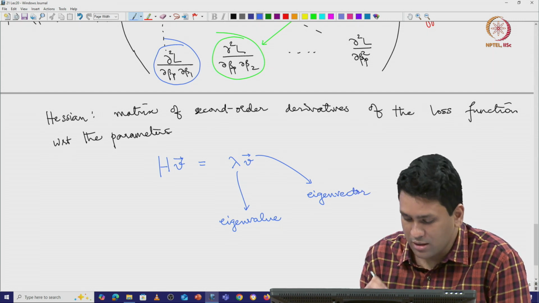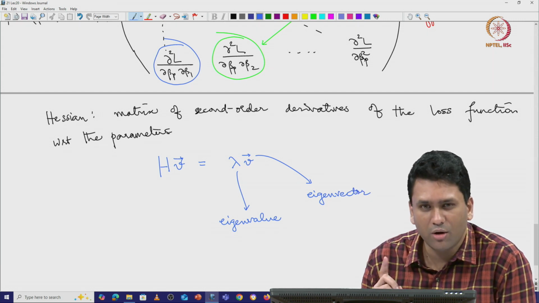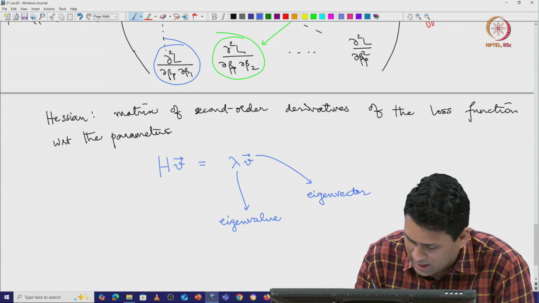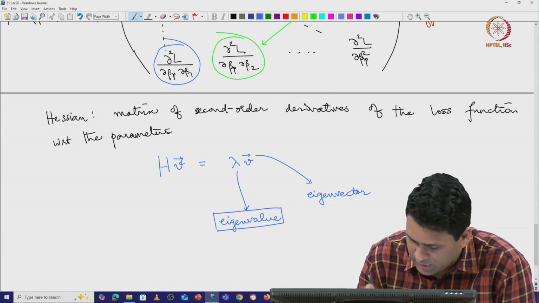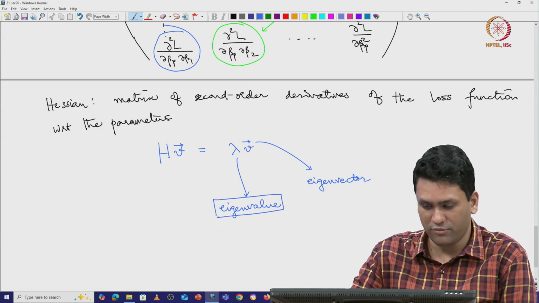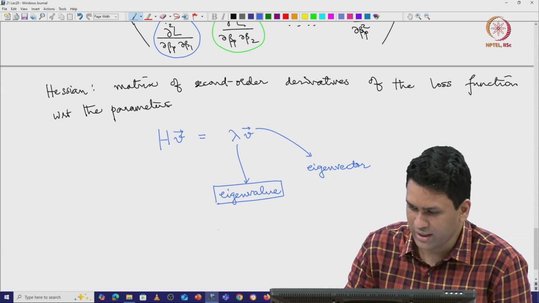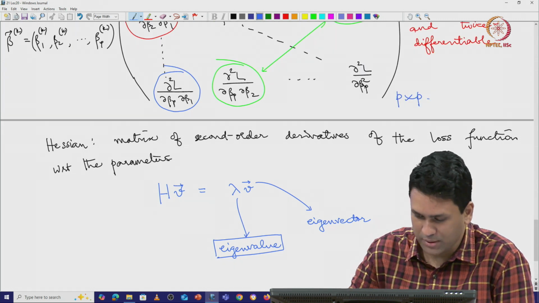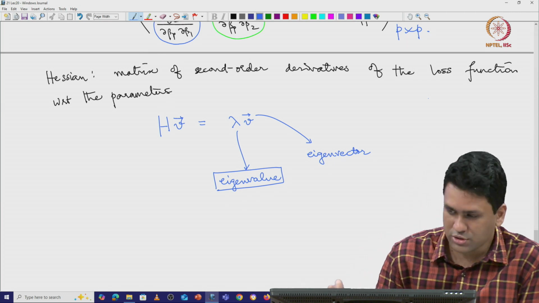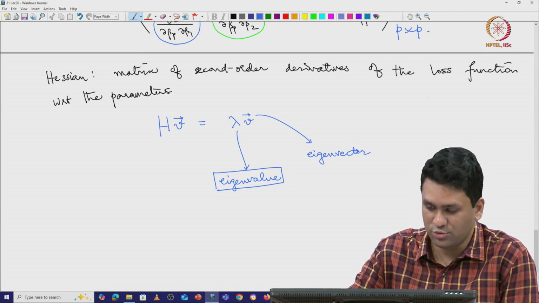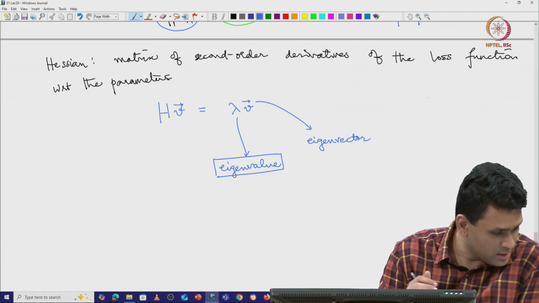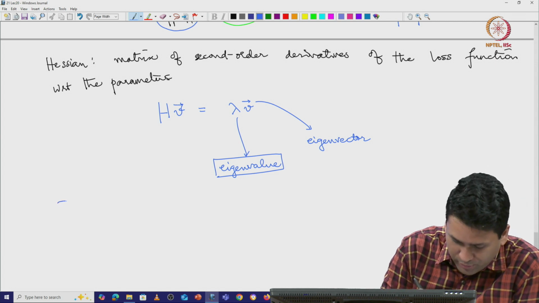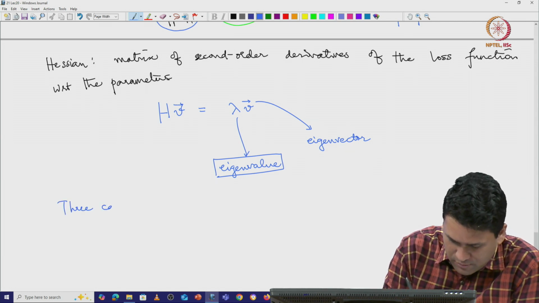And whether you have reached a local minimum, a local maximum or a saddle point depends on these eigenvalues of the Hessian matrix. You already know the Hessian matrix has size p by p, so it can have at most p distinct eigenvalues. So there are several cases, let us write those down.